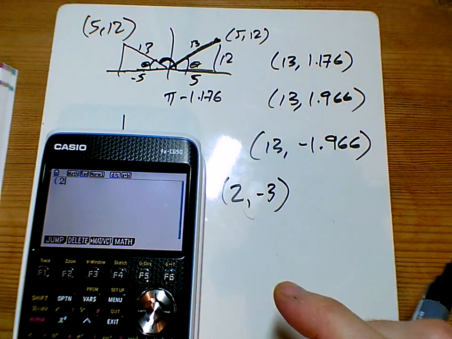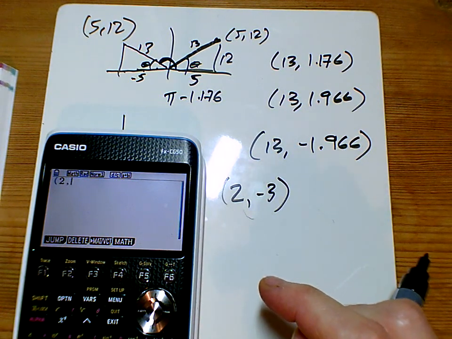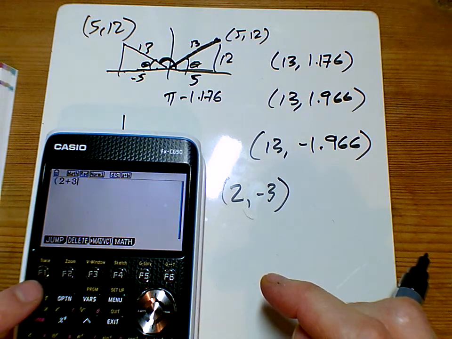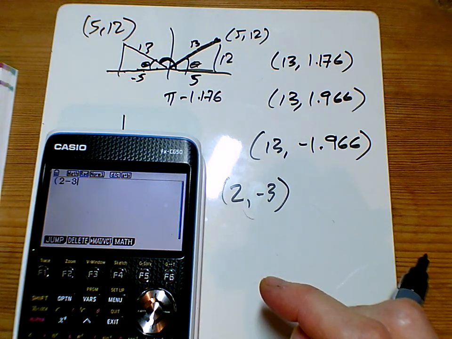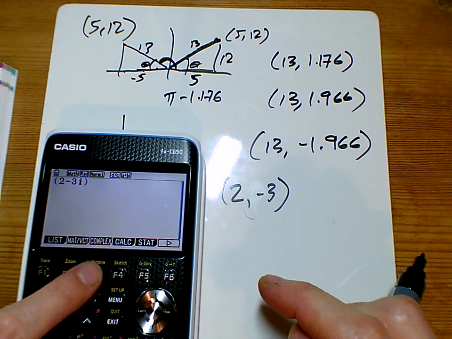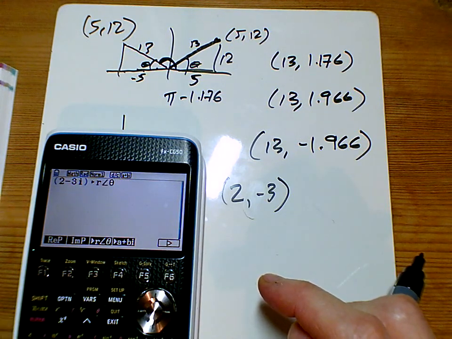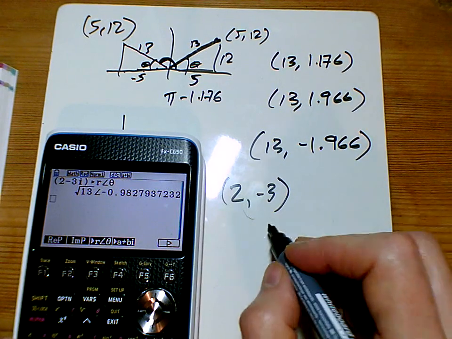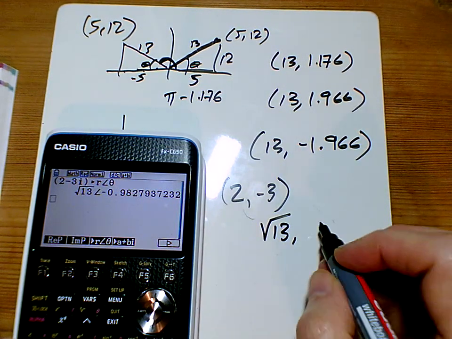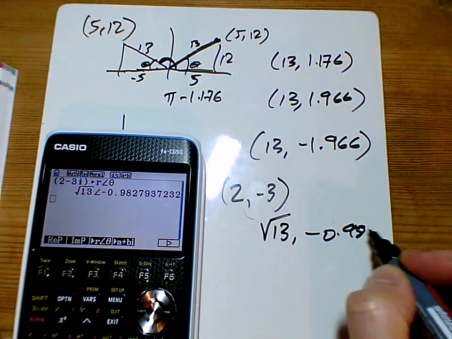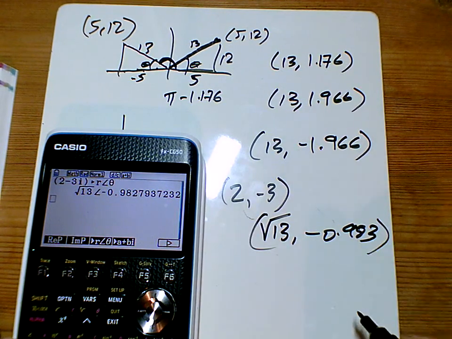And if you really had to, you could just put 2 minus 3i, and then just change that into complex mode, and it's going to give us that the coordinates are root 13 and minus 0.983. And so we could cheat and just use the calculator if we were really struggling to do that.